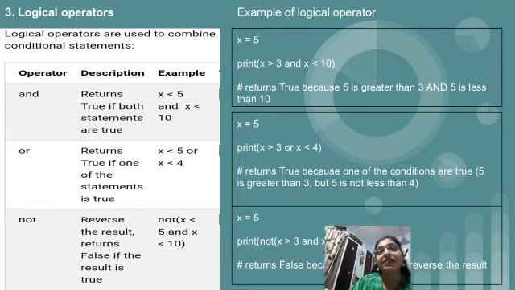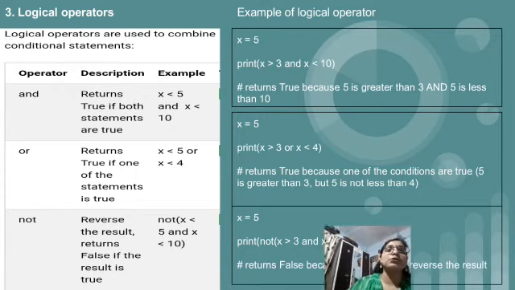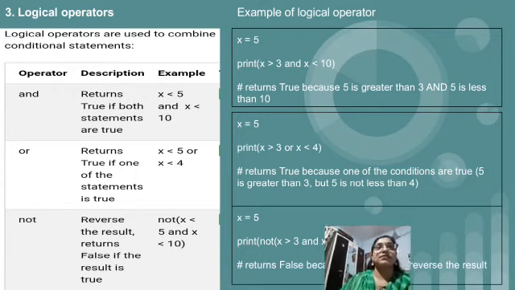So 5 greater than 3, the condition is true. 5 less than 10, this condition is also true, meaning both the conditions of AND are true, but we don't want them to be true, so not, right? Hence the answer is false, because if the AND condition is false, then only the answer will be true. But as we don't want both the conditions to be true, the answer is false.